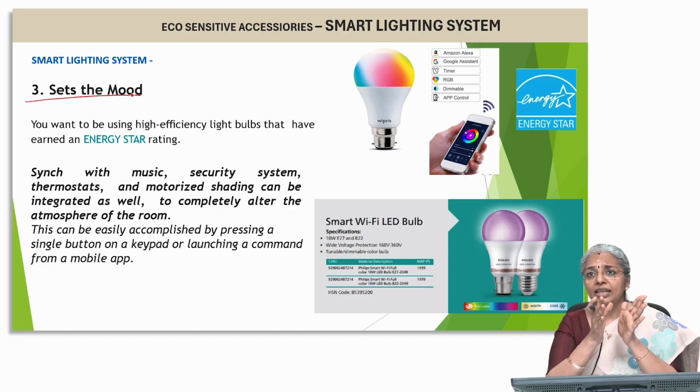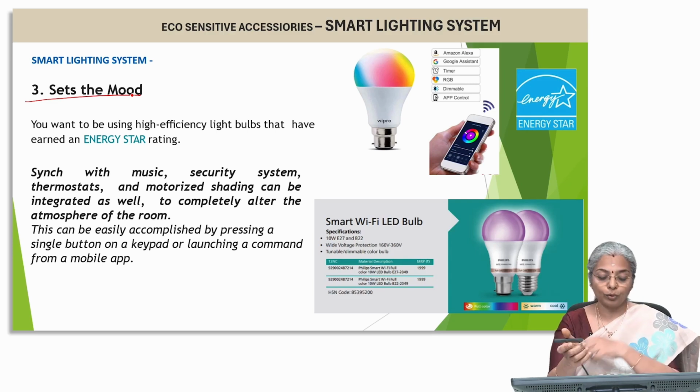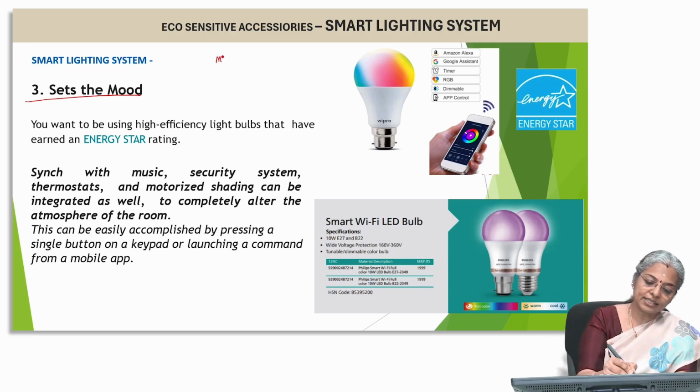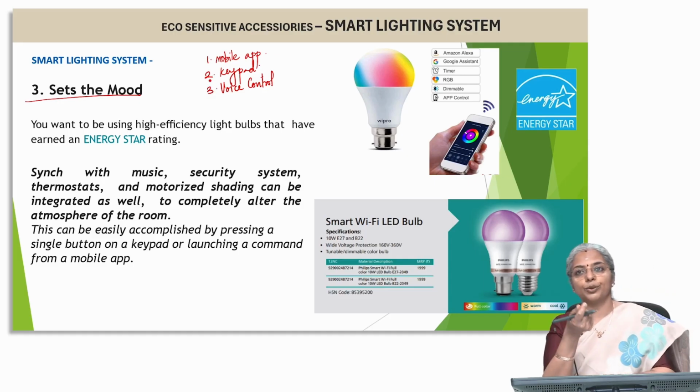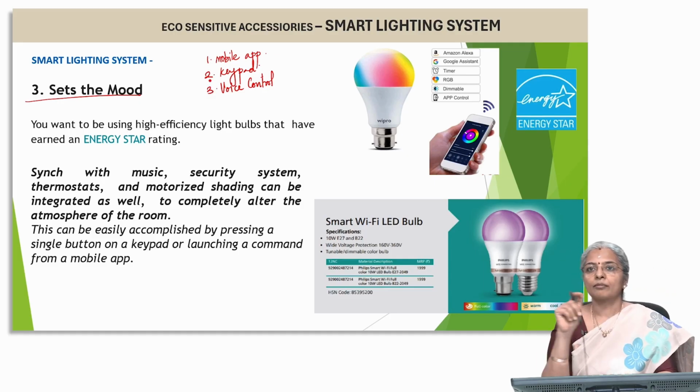These LED bulbs can be controlled through three things: one is a mobile app, keypads, or voice control. So, primarily these are the three ways in which you can control this.